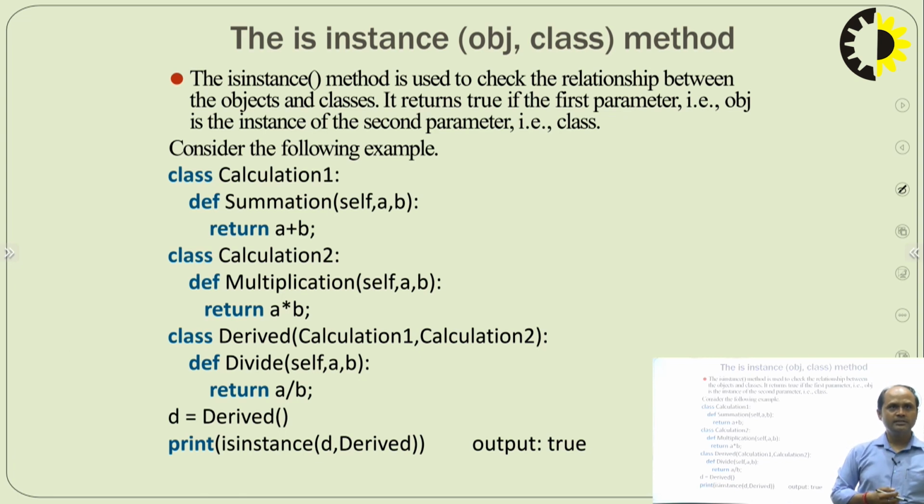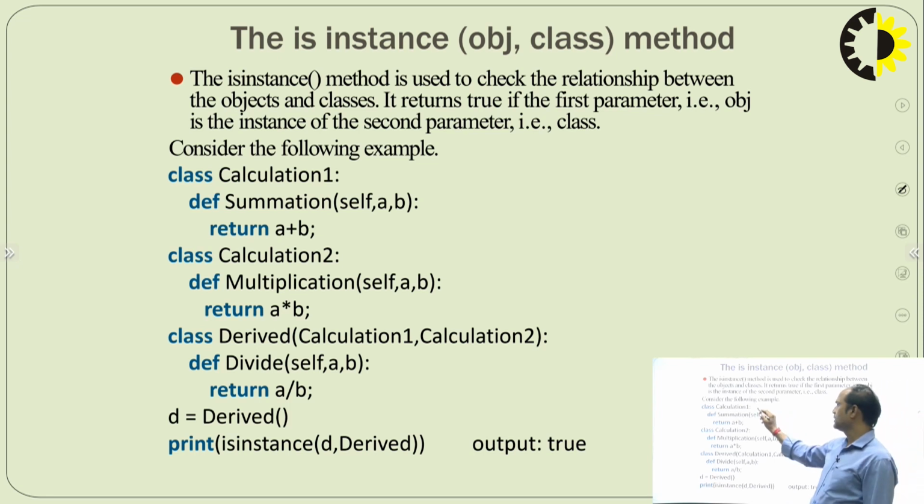This is the isinstance and class method. We can check the relationship between object and classes. Suppose we create the object but cannot understand how it was created, then we can use the particular concept of instance.